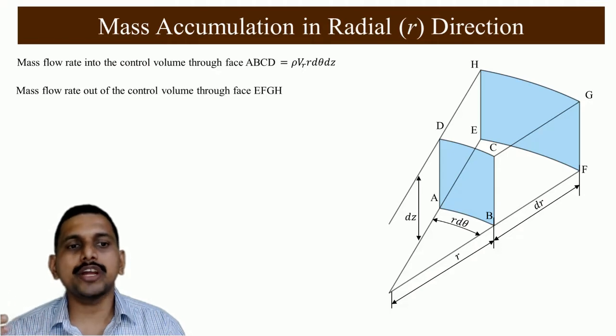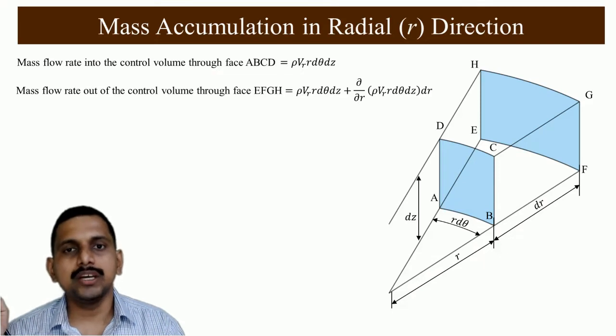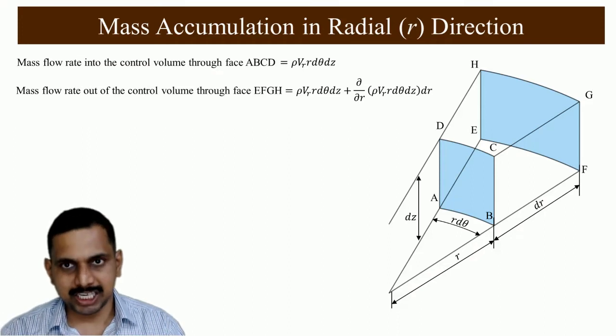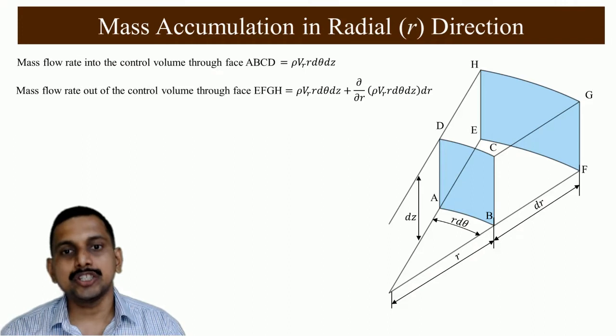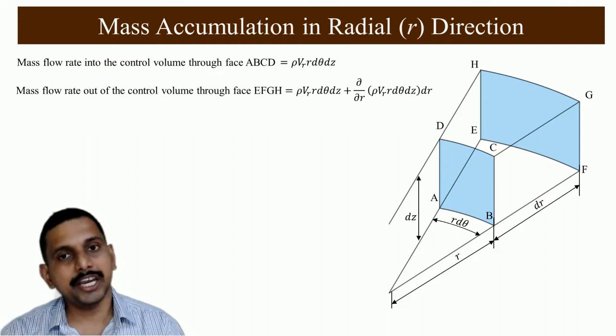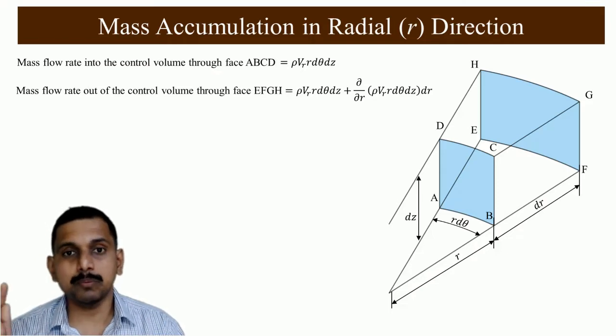What is the mass flow rate out of the control volume through the face e, f, g, h? This would be rho Vr r d theta dz, which is the original, plus the change when it goes from r to r plus dr. That would be dou by dou r of rho Vr r d theta dz, the rate of change, into the distance dr. Here we have to keep in mind that velocity Vr would change as well as r would change, although d theta and dz wouldn't change.